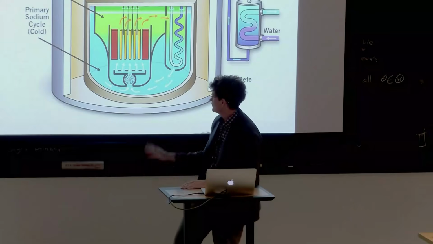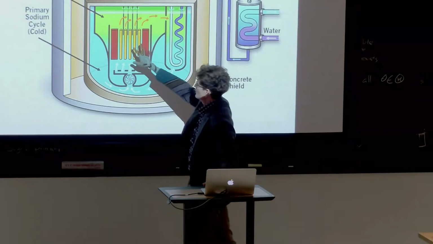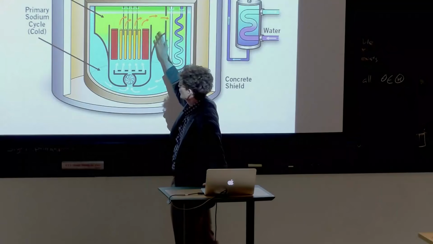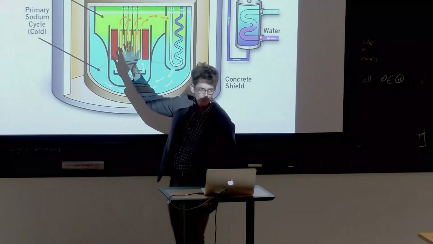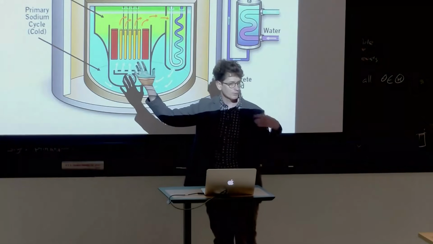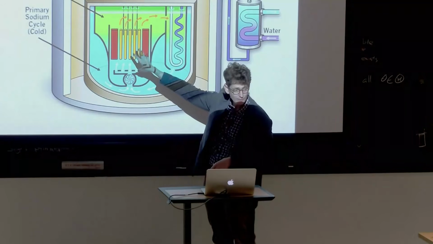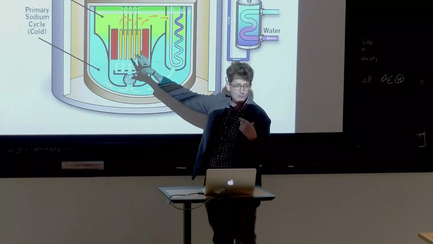So one of the ways these reactors operate is they start out with weapons grade uranium. You put low enriched uranium or natural uranium, which contains mostly uranium-238, on the outside. That's not useful as fuel, but it's absorbing the extra neutrons.